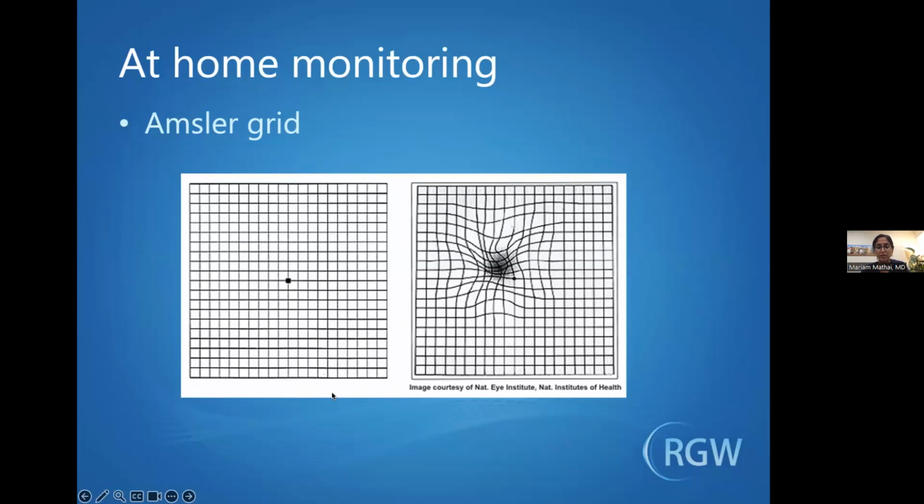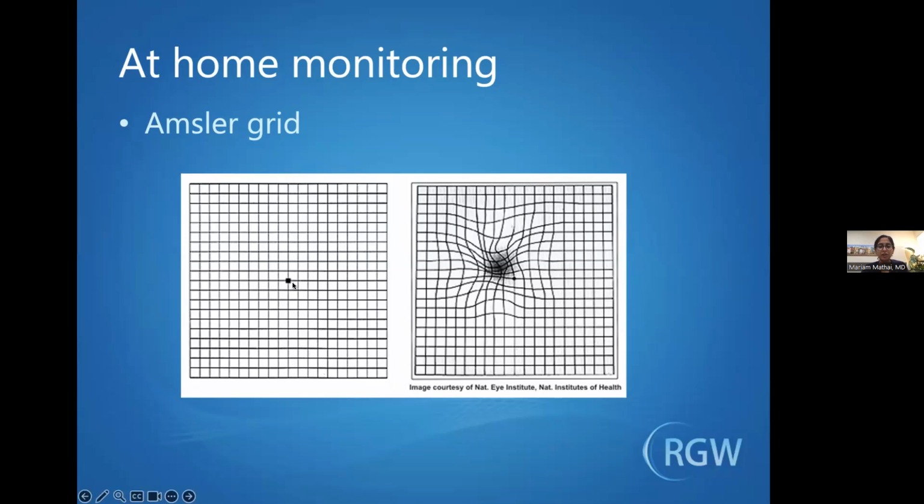Now, the way you use this chart, normal is to the left, is you look at this center black dot with one eye at a time. It is very important that you look with only one eye at a time with your glasses on, because if you're having an issue in one eye and the other eye is working well, you won't be able to discern the difference unless you're checking one eye at a time.